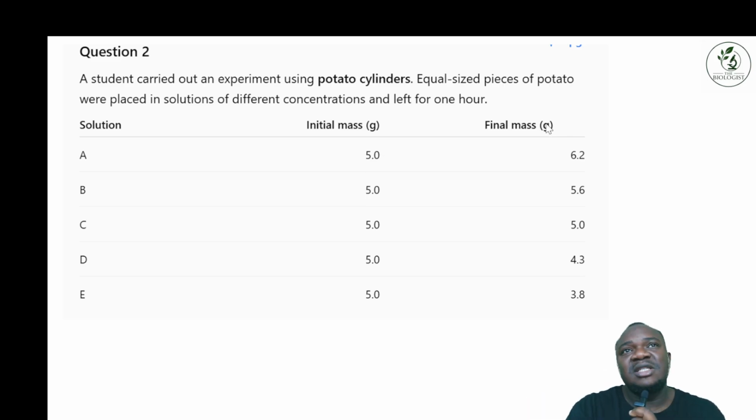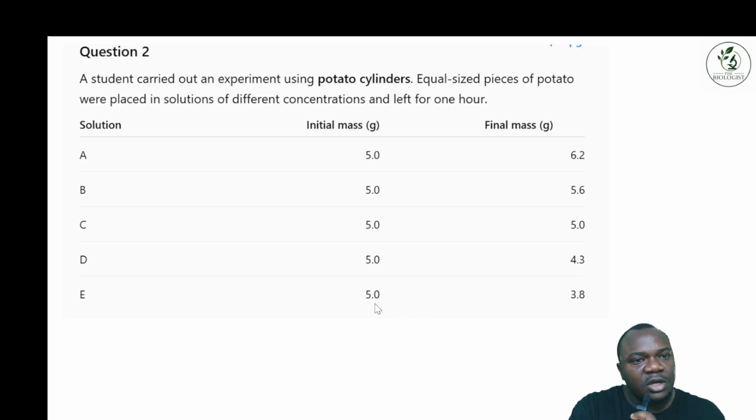Then the final mass is the mass you obtain after you leave that slice of potato in the solution for 1 hour. That's why you can see that some tend to increase in mass, but some tend to decrease in mass. For example, if you look at solution D, the initial mass was 5.0 grams and the final mass was 4.3.